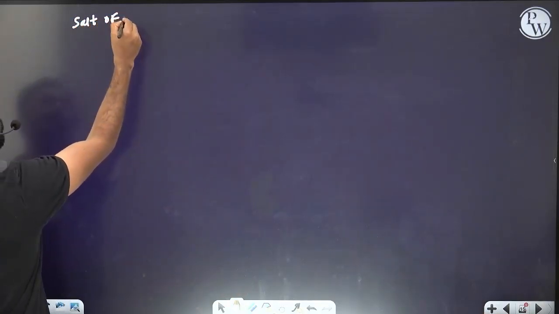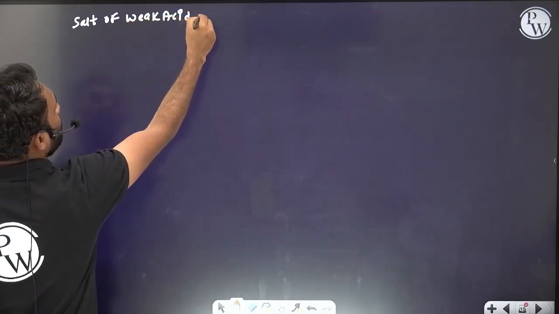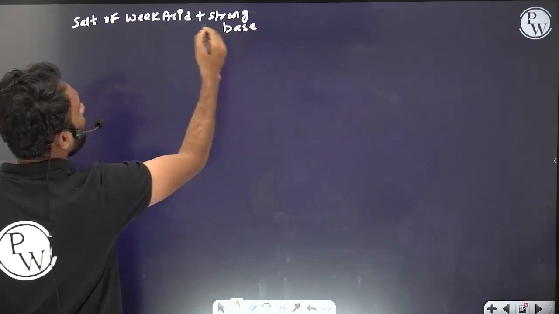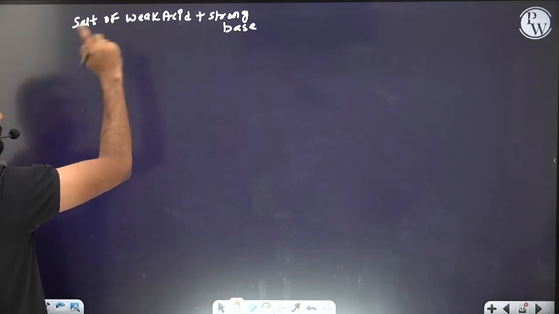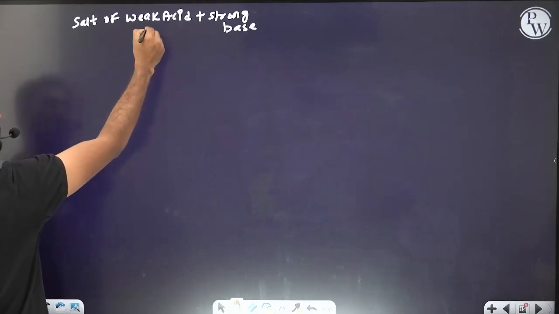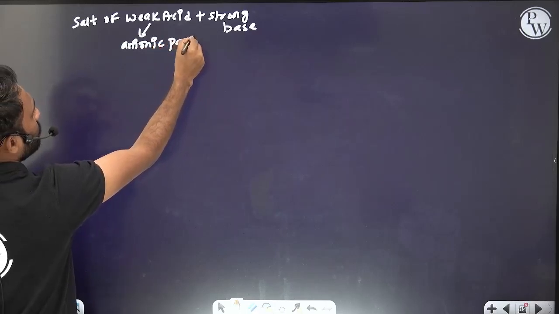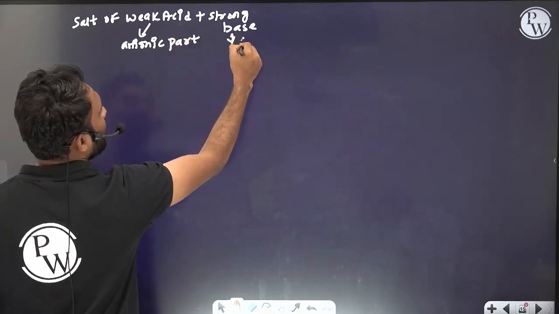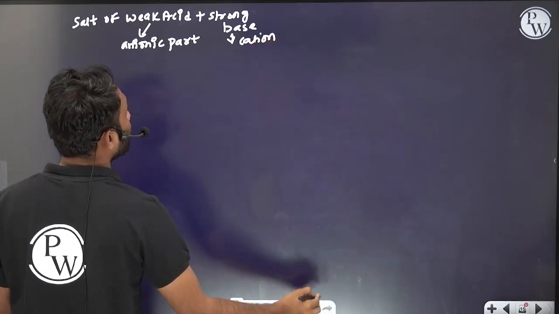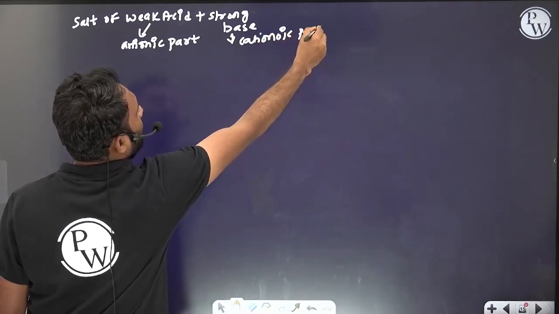Next, salt of weak acid plus strong base. Weak acid versus strong base: it should come from the weak acid. Now here the anionic part should be the weak acid, and the cationic part should be the strong base.